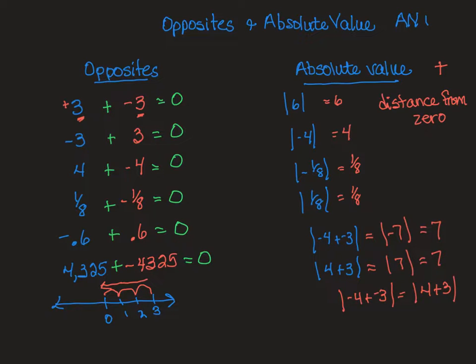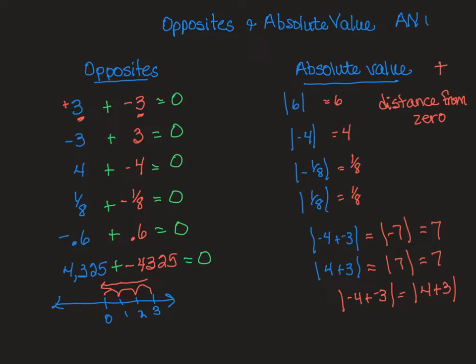The opposite, on the other hand, is the opposite sign. Same digit, different sign. Okay, so it's really important that you somehow file that in your brain, that opposites are the same digit but opposite signs. And the absolute value, it doesn't make any difference what the sign is.